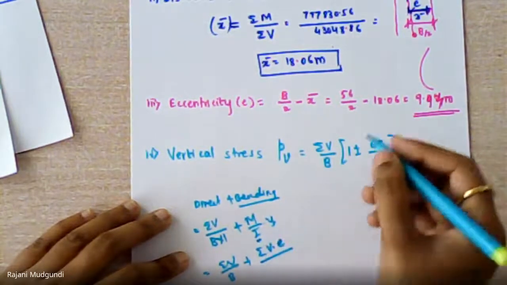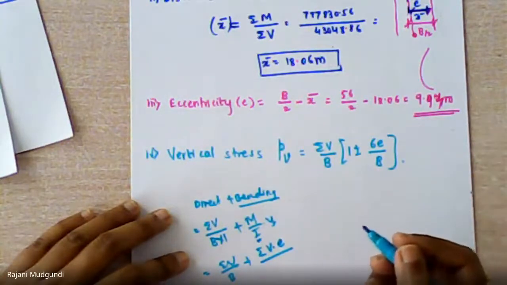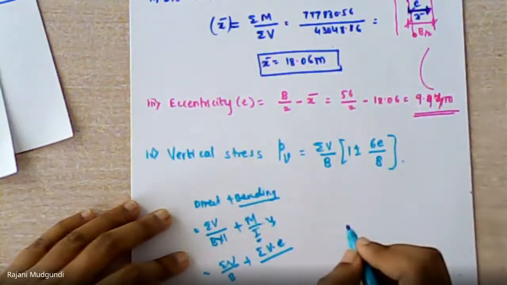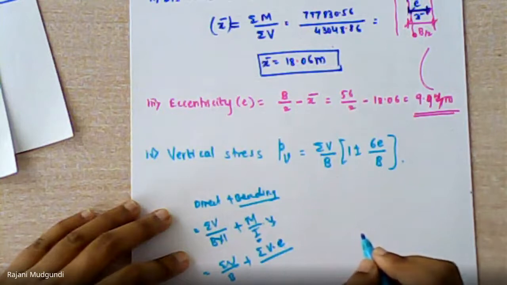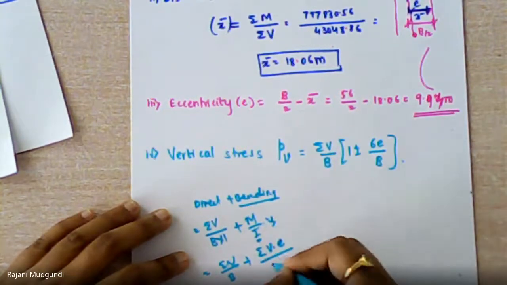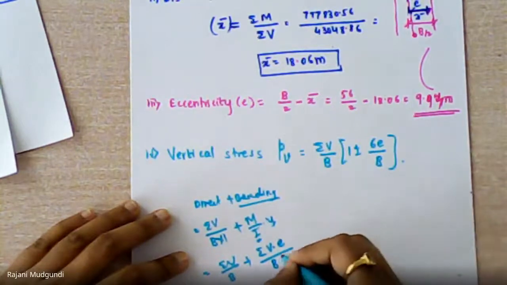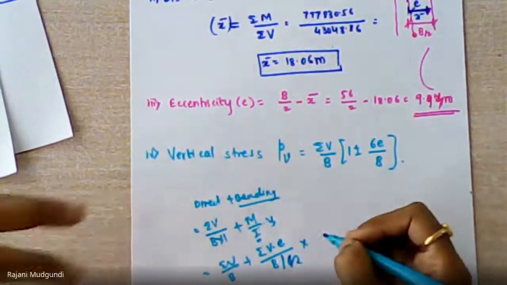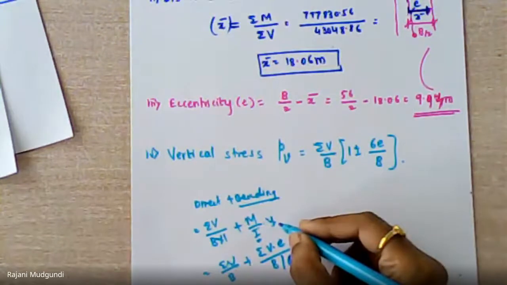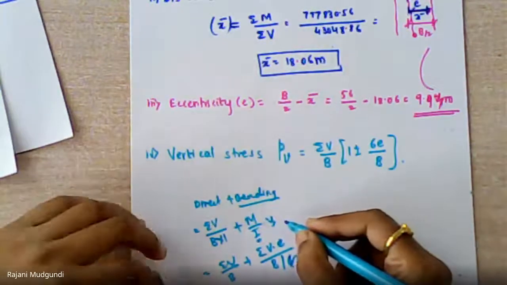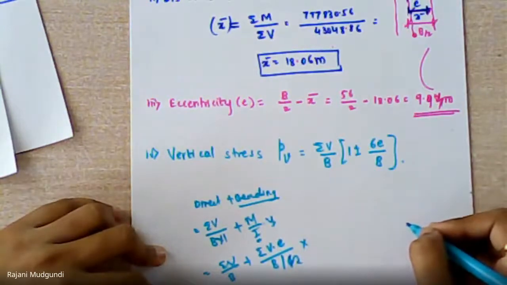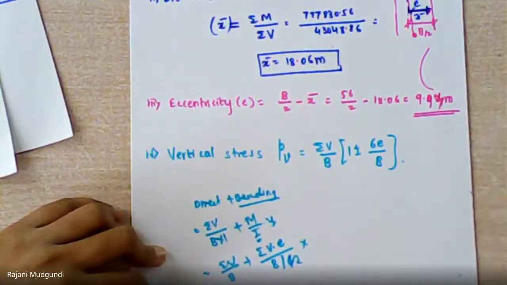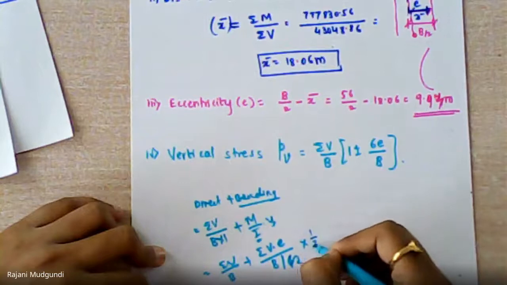divided by I. For a rectangular section, what is I supposed to be? BD cube by 12, or B into L cube by 12. So B into 1 cube, that is 1 divided by 12, into Y, the distance of the CG from the corner or from the base, which we generally take as length by 2, or B by 2.